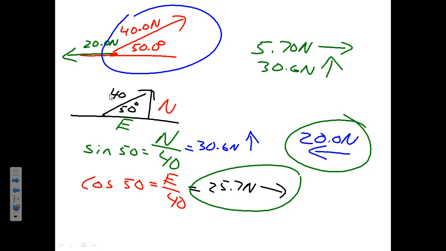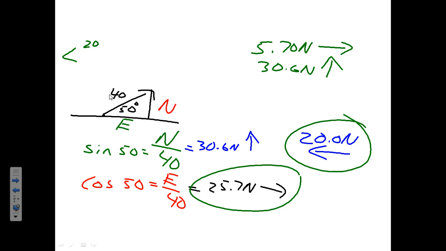So let me make a little space up here at the top. So we have a 5.7 newton east and a 30.6 newton north. I'm going to do the 5.7 one first.